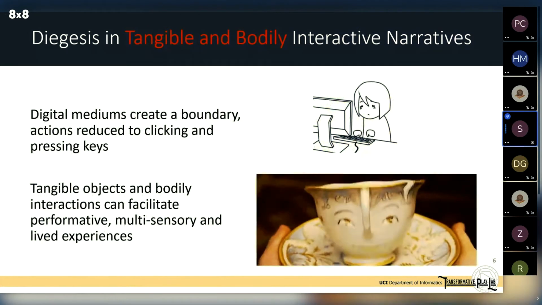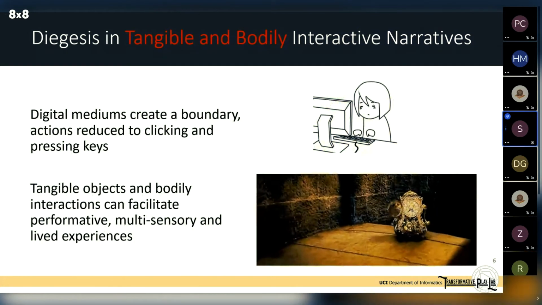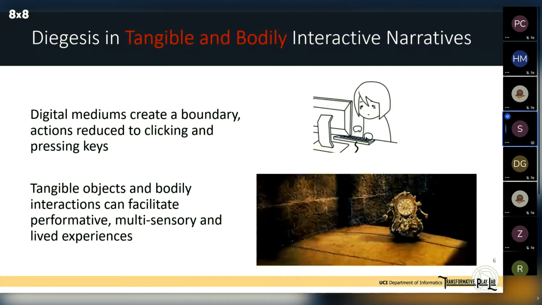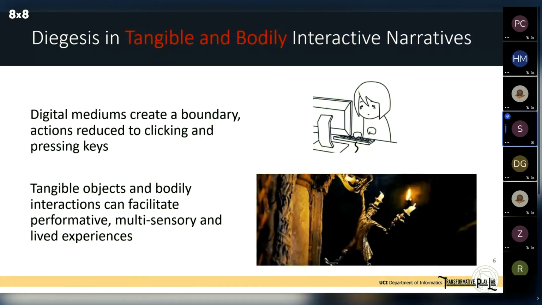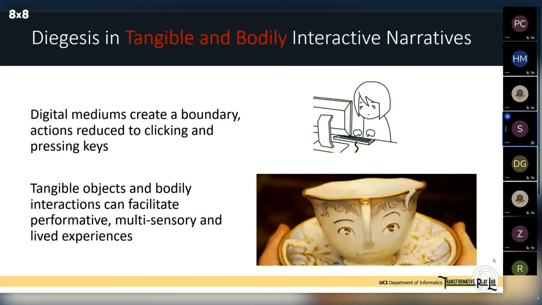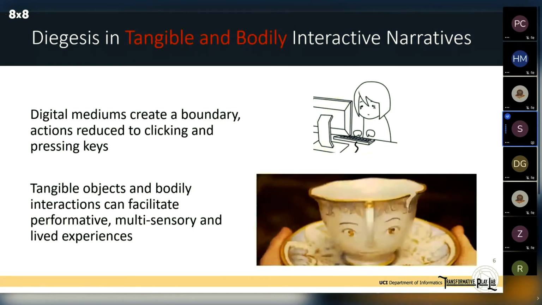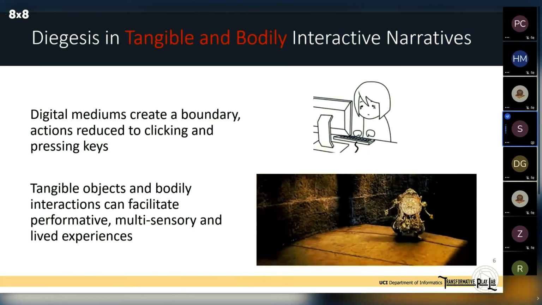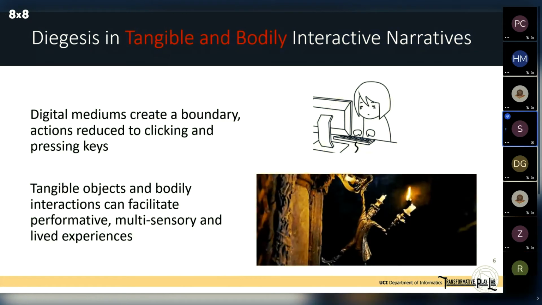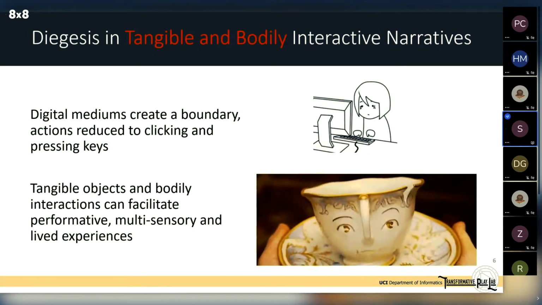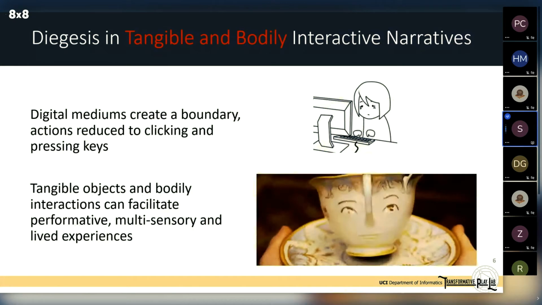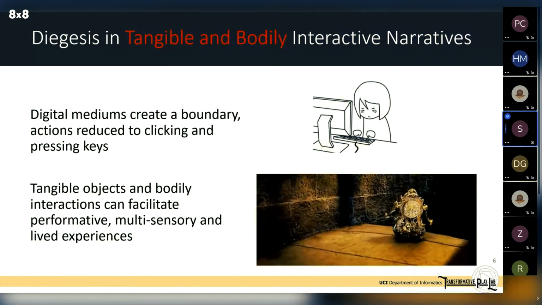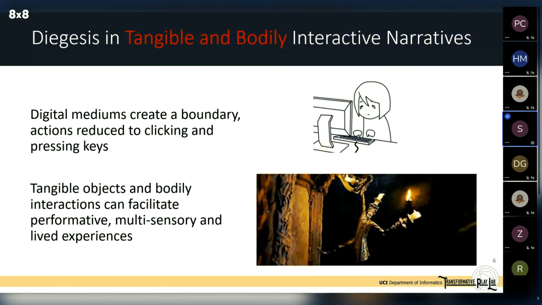As we know, digital mediums like desktops and mobile phones have been widely used to deliver interactive narratives, but they often create a boundary between the reader and the story, and they many times reduce the reader's actions to clicking or pressing keys. Also, whenever I use the word reader, I'm referring to the user or the person interacting with the story.